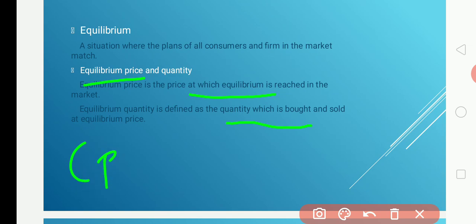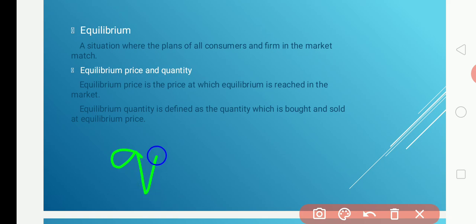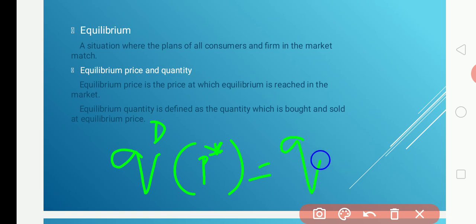Therefore, P star and Q star is an equilibrium if we represent it as Q D of P star, where the star indicates the equilibrium price, equals Q S of P star.